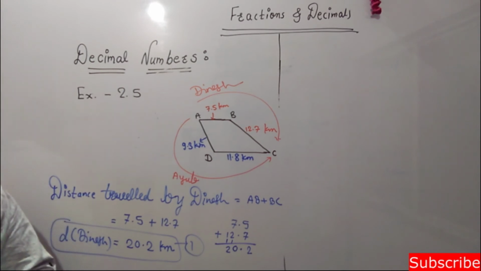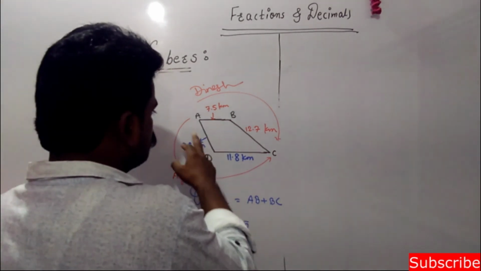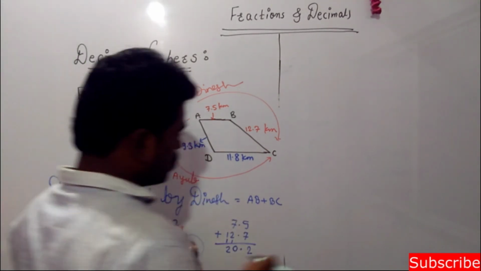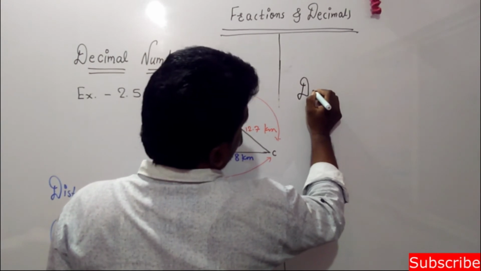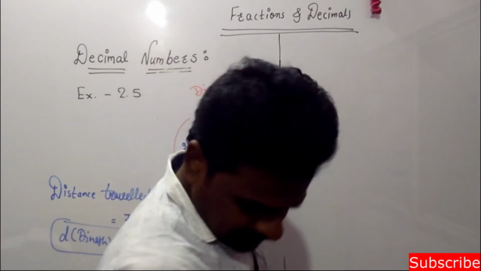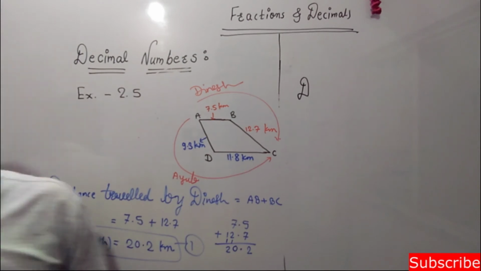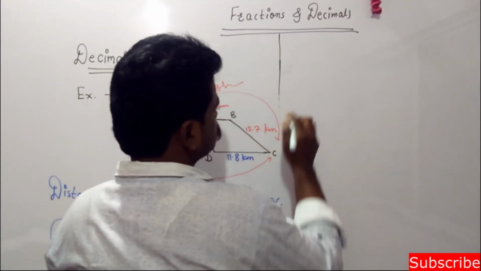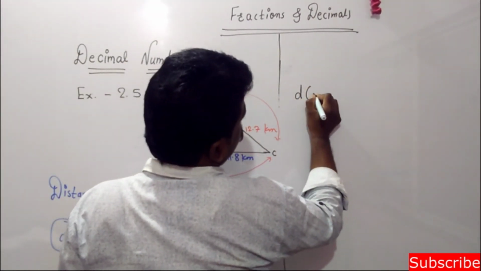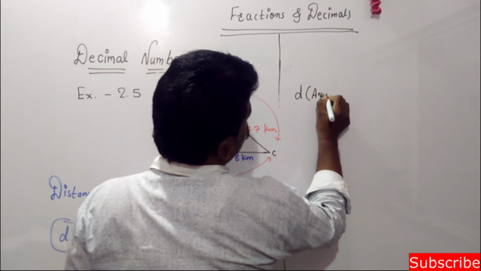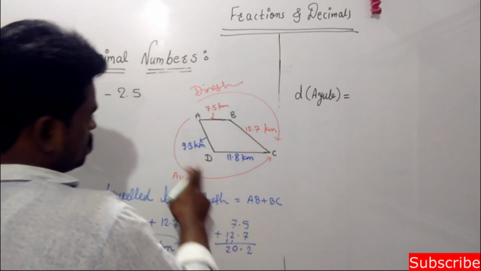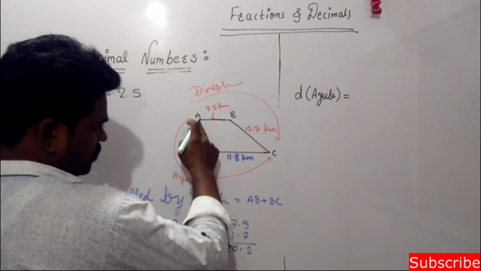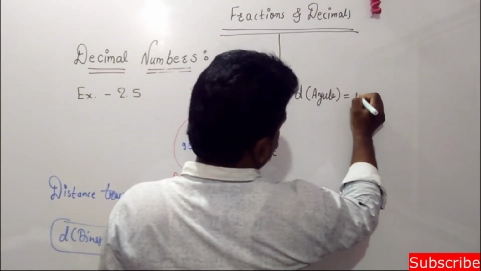Now the next one is we need to find out the distance traveled by Ayub. Distance traveled by Ayub is equal to AD plus DC.